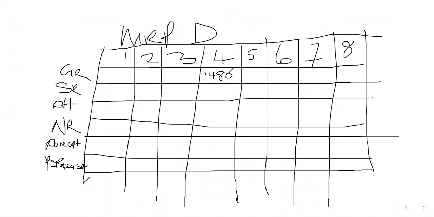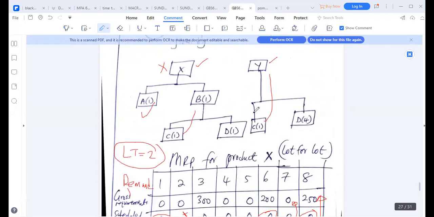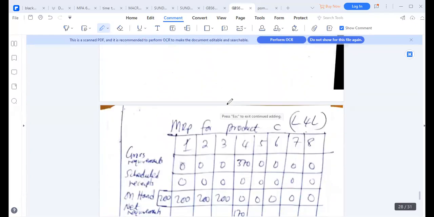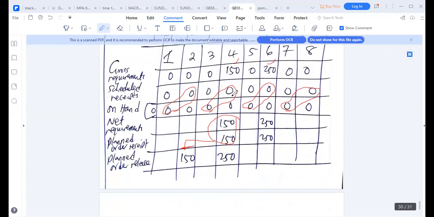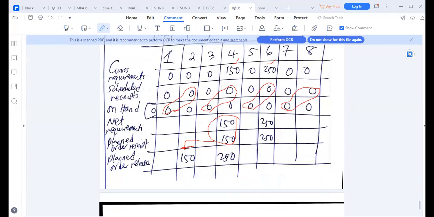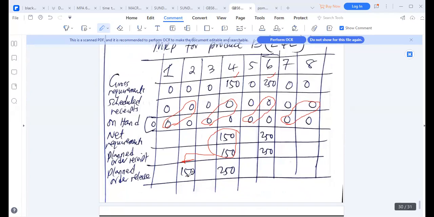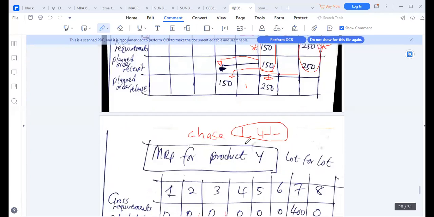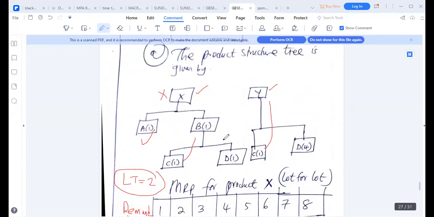Then there is also D coming from B, according to the structure here. So from B, we have our B, which is 150 and 250, multiplied by 1, because the structure requires D from B by 1.